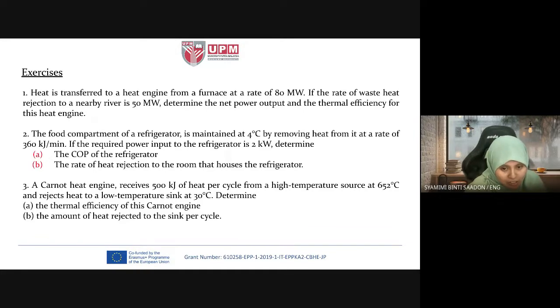It rejects heat to a low temperature sink at 30 degrees Celsius, so TL is 30 degrees Celsius. Determine the thermal efficiency of this Carnot engine. Since it is a Carnot cycle, we can use the value of the temperature directly, with no need to calculate the heat.